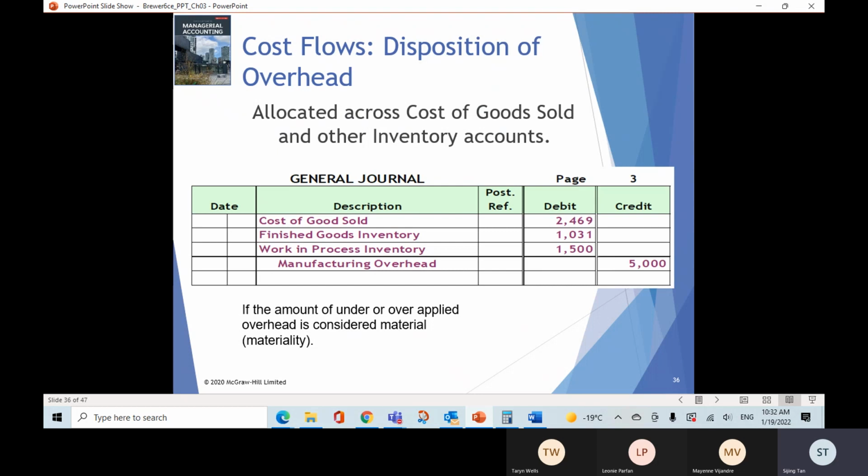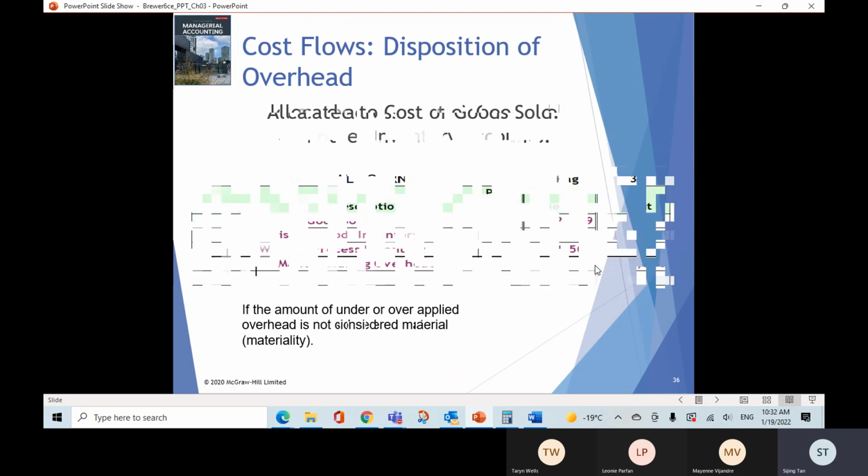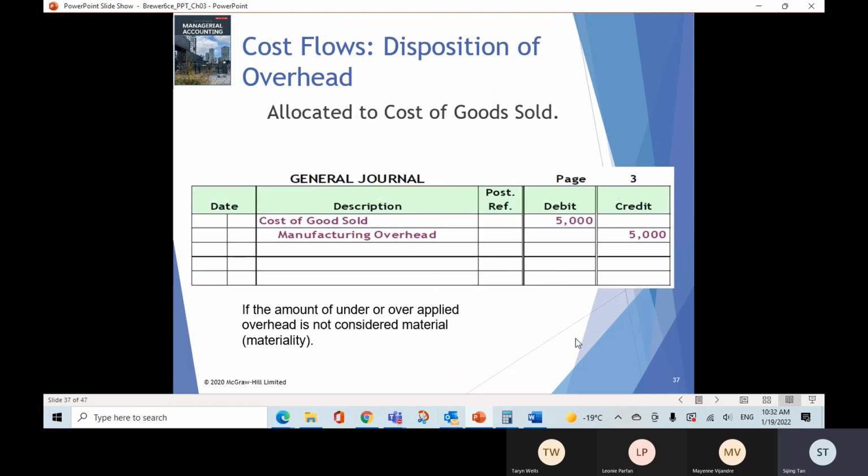So if it's material, we clear this account into three different accounts: cost of goods sold, finished goods inventory, or work in process inventory. But if it's not material, we directly allocate it to cost of goods sold. So we have the $5,000 as a credit to manufacturing overhead and a debit to cost of goods sold.